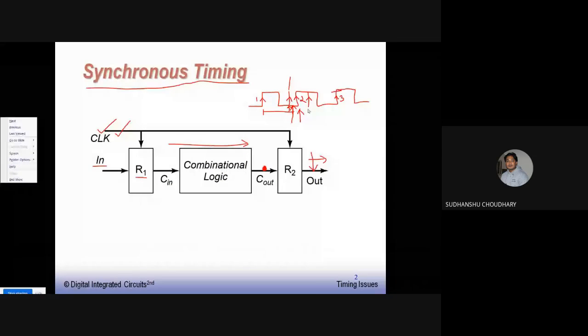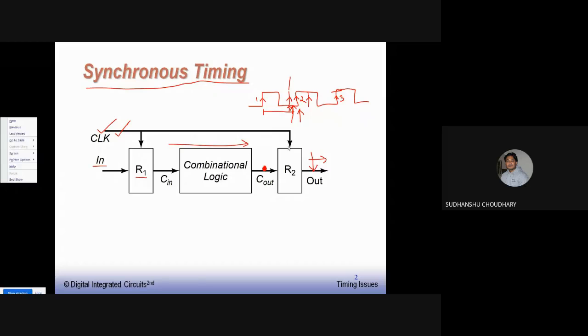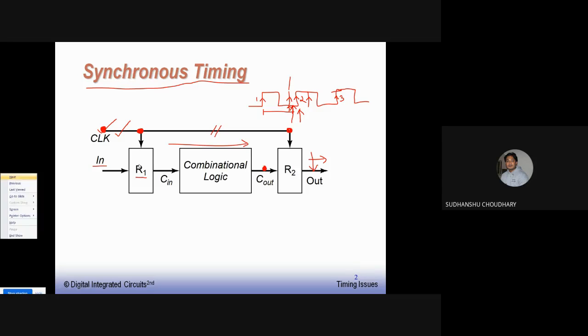So this is how the clock is important, that is, the arrival of the clock at regular intervals is important. Now, why can these clock uncertainties come? If my clock source is at this point, register 1 is near to the clock source compared to register 2, so I have this much extra length.